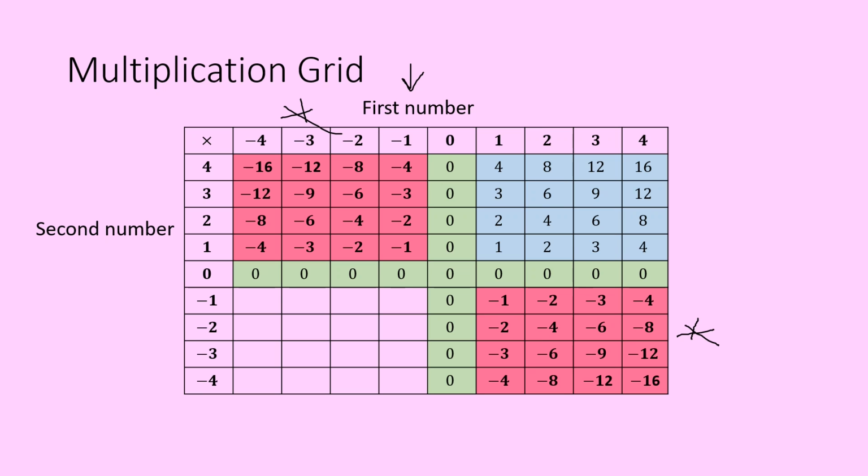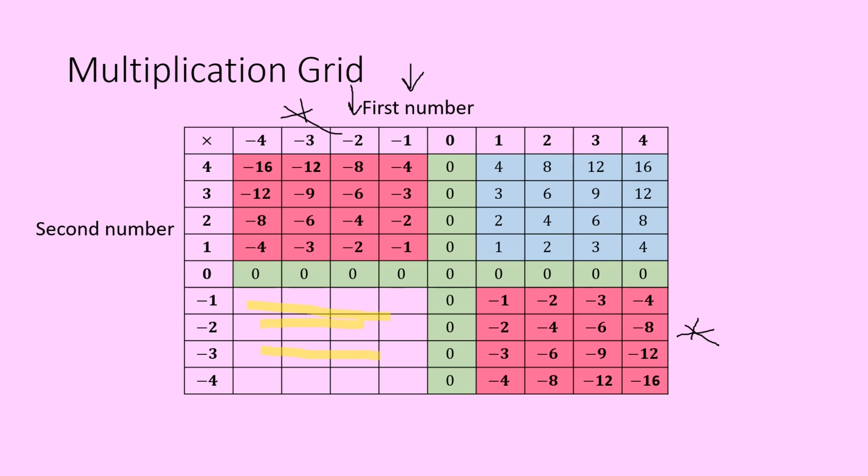So we can spot a pattern that's happening. What about in this column here? We've got minus 8, minus 6, minus 4, minus 2, 0. So continuing that pattern, we can work out the multiplication for the section here.